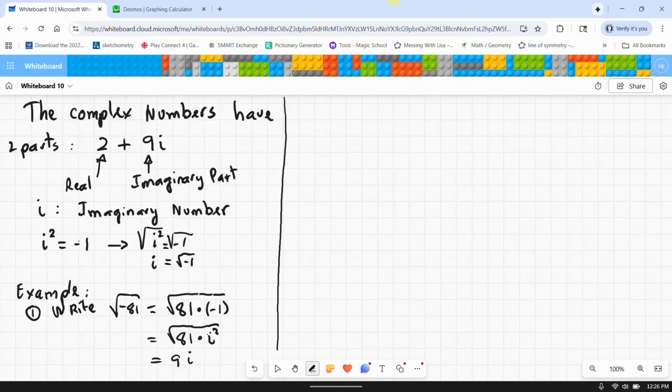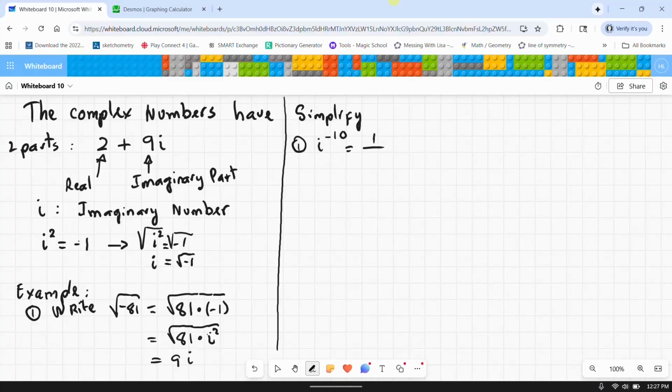What if we want to simplify i to the -10? We don't want to see that negative exponent, so we have to do something with it to get something that looks better than it is now.